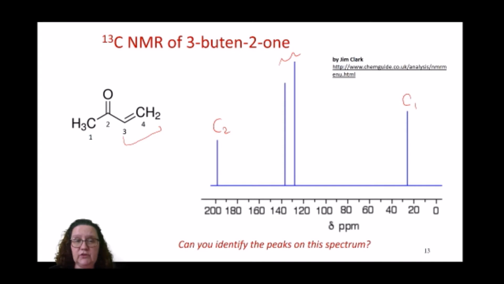Looking at it, I would expect that the one that is further away from the carbonyl group, carbon-4, would be the one at lower chemical shift, and the one near the carbonyl group, which is more distorted by the electronic environment created by that carbonyl group, is carbon-3.